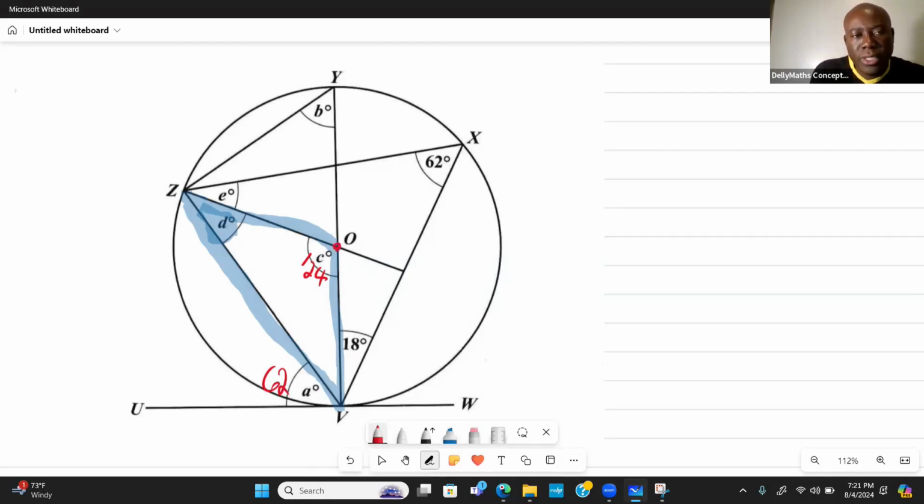O to Z is the same distance as O to V because they are both radii of the same circle. That means we have an isosceles triangle and the base angles are equal, which means that D is going to be the same value as this as well.